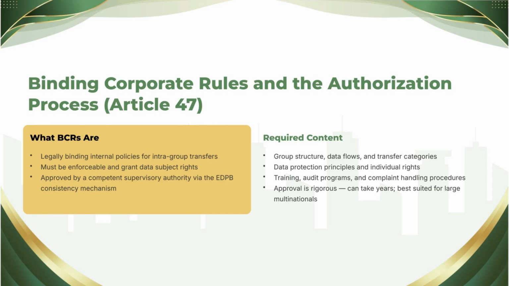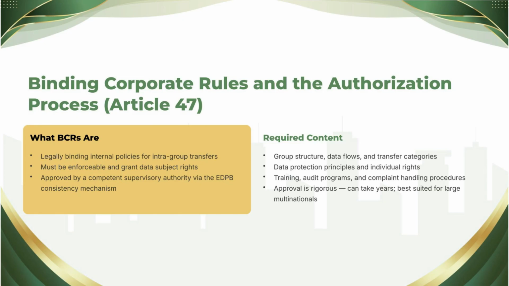Papering every internal flow with SCCs would mean a lattice of thousands of contracts updated with every reorganization. BCRs replace that lattice with one instrument, a binding internal policy that commits every group entity wherever located to GDPR-grade protection. Once approved, data flows freely within the group. The rules travel with the corporate identity itself.